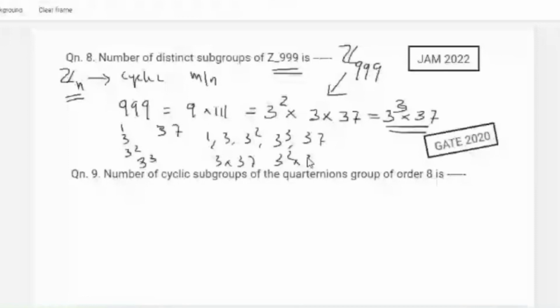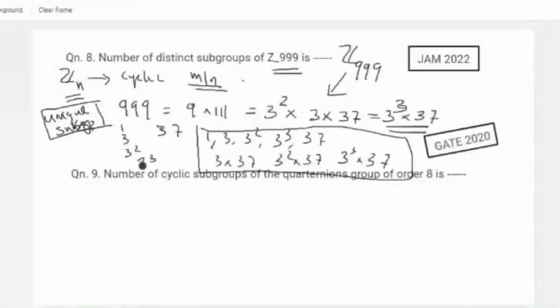For Zn, corresponding to every divisor there is a unique subgroup of that order. So there are exactly 8 distinct subgroups. This is the answer. See, JAM 2022 question.